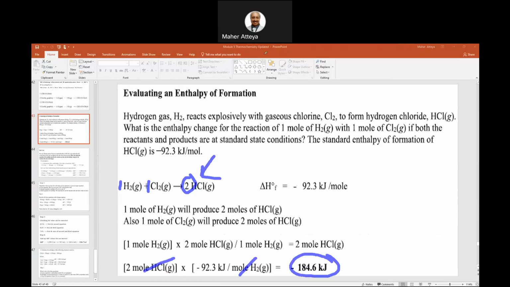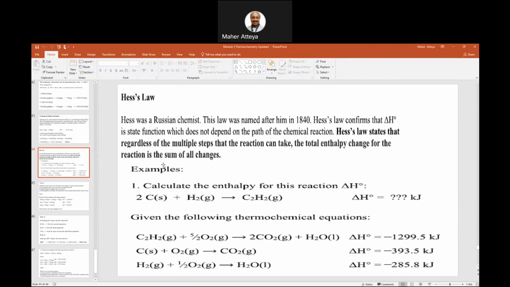So the last topic here is Hess's law. What's the difference between heat, Q, and energy, E, and enthalpy, H?